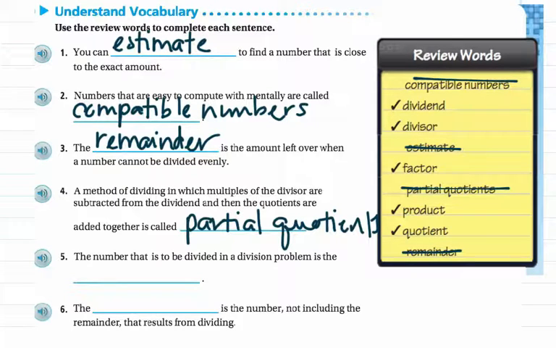Number 5, the number that has to be divided in a division problem is the dividend. And number 6, the quotient is the number, not including the remainder, that results from dividing.